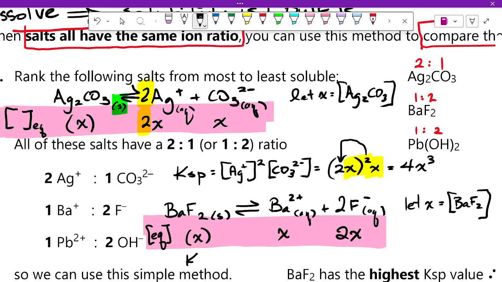And then if we do our KSP, Ba2 plus times F minus squared. Barium is X. Fluoride is 2x, and then we need to square the whole thing, which again means we're squaring the 2, which gives us 4. And we've got x squared times x, which gives us x cubed.